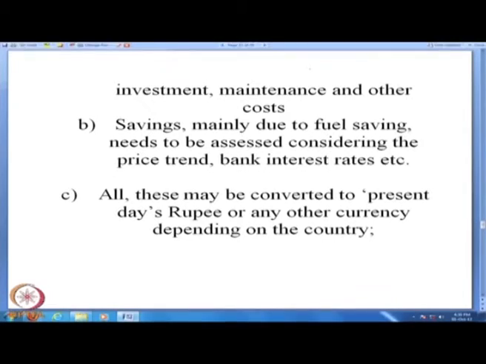if you really want to go into details. But nevertheless, remember, it is not so simplistic that you calculate the investment and divide by the saving per year and come out with a payback period and say that it is attractive or unattractive, but that could be an indicator, and one can, depending upon the size of the system and the economic scenario of the country or location or the system, modify or go to more and more sophisticated methods.